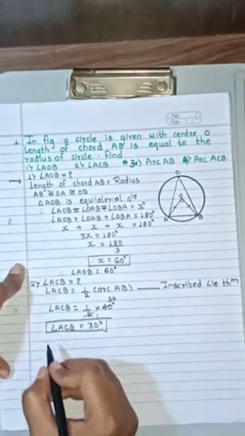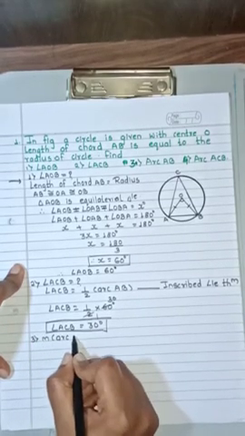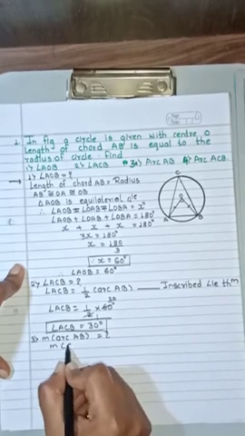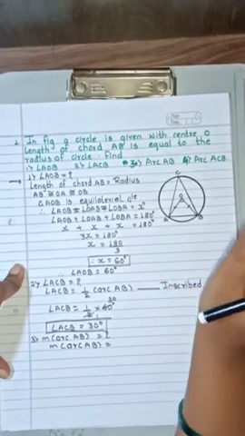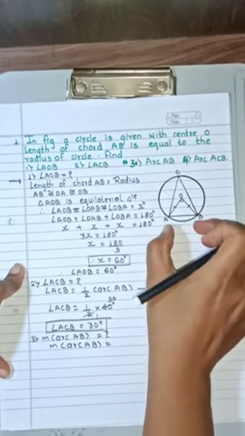Now the third one, that is the measurement of arc AB. In the last session we have studied that whatever is the measurement of the central angle, that is the measurement of the minor arc.